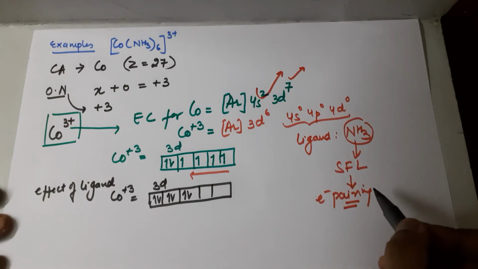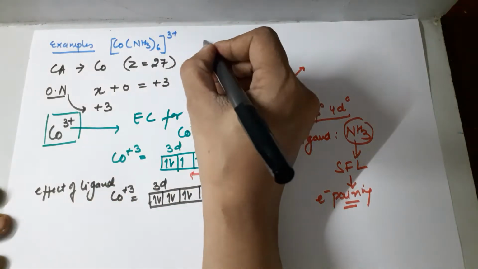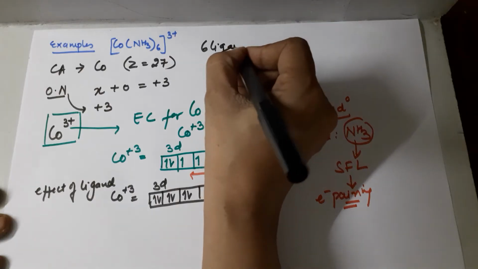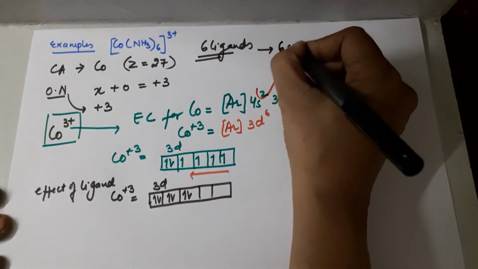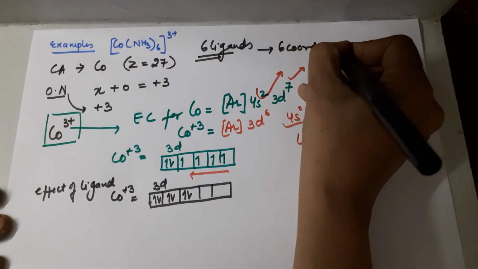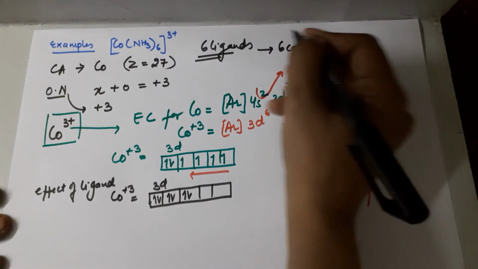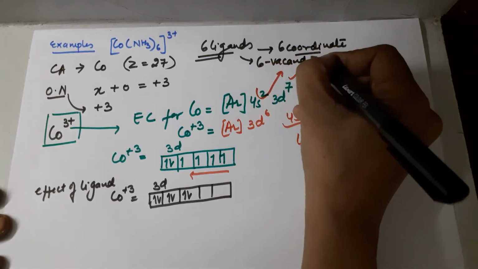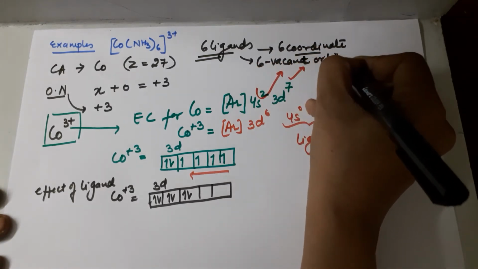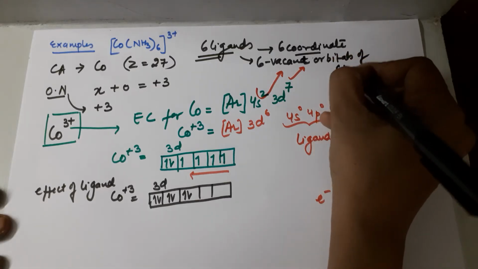Now how many ligands do you have? You have got 6 ligands. If there are 6 ligands, therefore you will form 6 coordinate bonds. If you are forming 6 coordinate bonds, it means you need 6 vacant orbitals of the central atom.